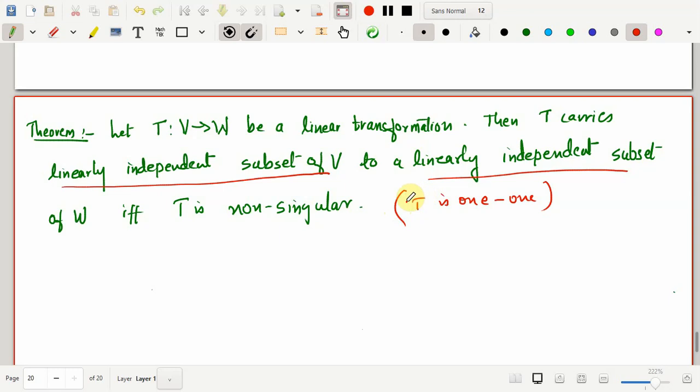The statement says that if T is non-singular, then it preserves linear independence.